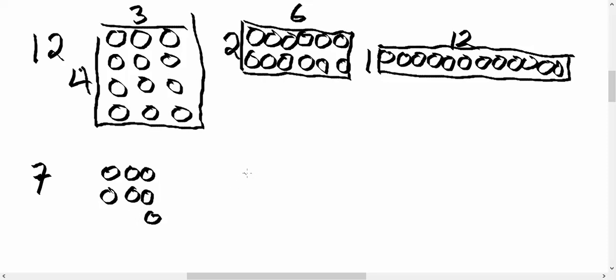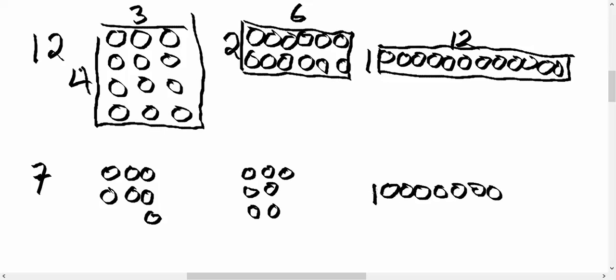We can arrange these in different ways, but we can't make these dots form a rectangle. In fact, the only way to do that is to lay them out flat. 1, 2, 3, 4, 5, 6, 7, right? And then finally we have a rectangle, and that kind of represents 1 times 7.